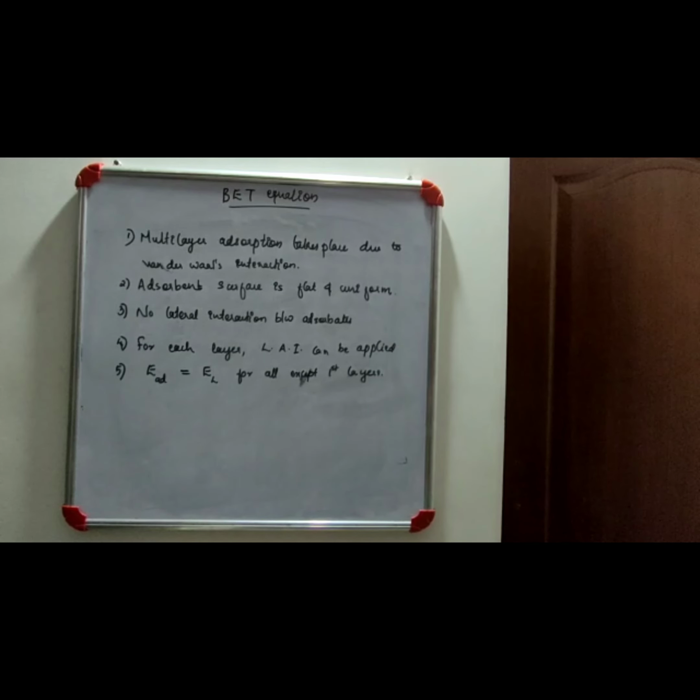Second, the adsorbent surface is flat and uniform, which makes multi-layer adsorption easier. There is no lateral interaction between the adsorbate molecules, and for each layer we can apply the Langmuir adsorption isotherm for deriving the BET equation.